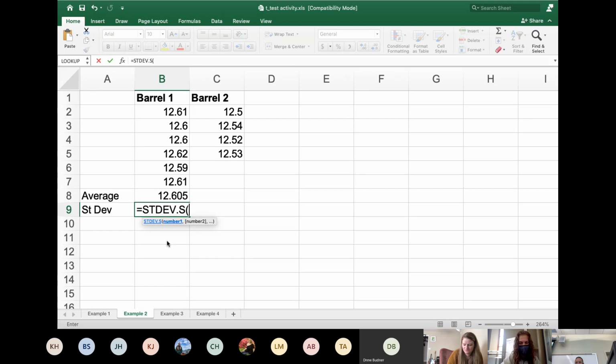On the table, it says number of observations and then the G value. For barrel 1, we had 6 observations. So from the table, that gives us a G value of 1.822.